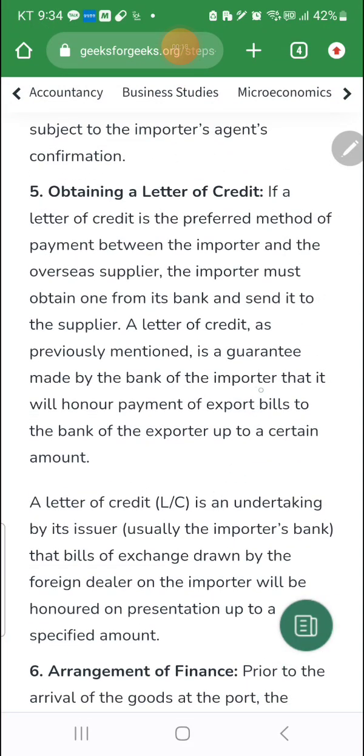5. Obtaining a letter of credit. If a letter of credit is the preferred method of payment between the importer and the overseas supplier, the importer must obtain one from its bank and send it to the supplier. A letter of credit, as previously mentioned, is a guarantee made by the bank of the importer that it will honor payment of export bills to the bank of the exporter up to a certain amount.